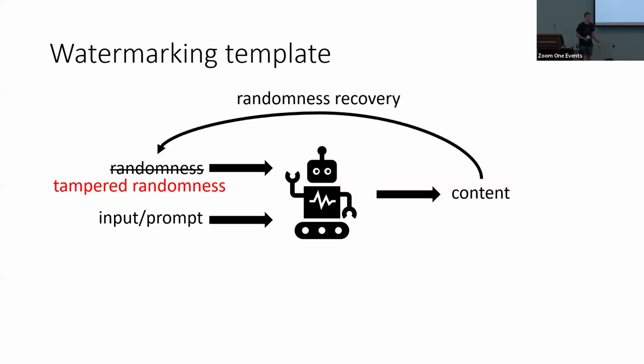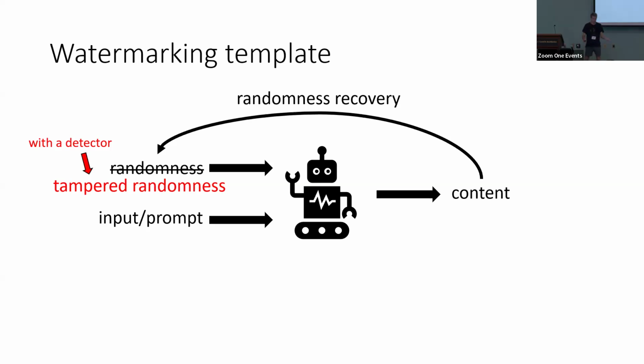Now if you have some way of computing, from the content, an approximation to the tampered randomness, then you can try to detect the watermark as long as you have some way of distinguishing the tampered randomness from the true randomness. Unfortunately, in all Gen AI scenarios that I'm aware of, such a randomness recovery algorithm exists. Given just an image or some text that was output by a model, you can recover an approximation of at least part of the randomness that was used for generating that sample.